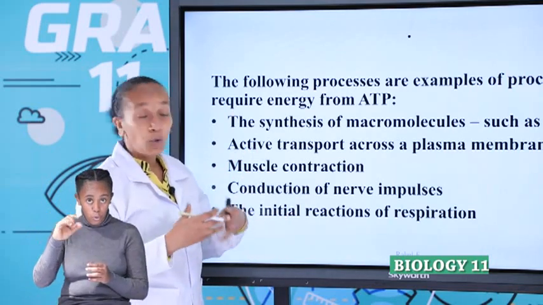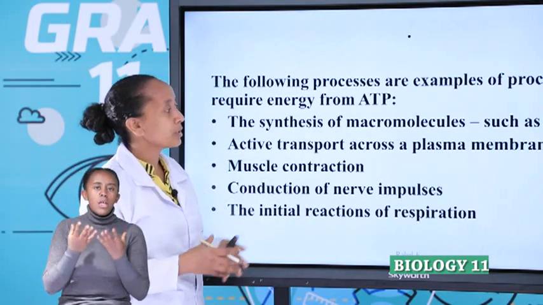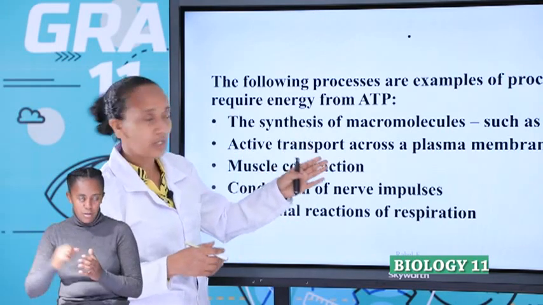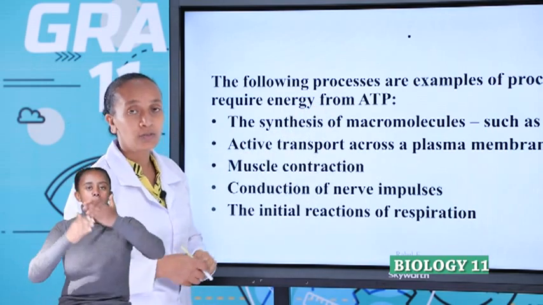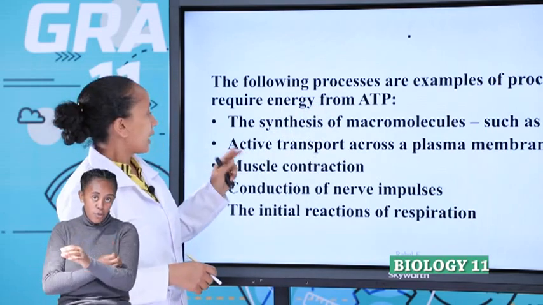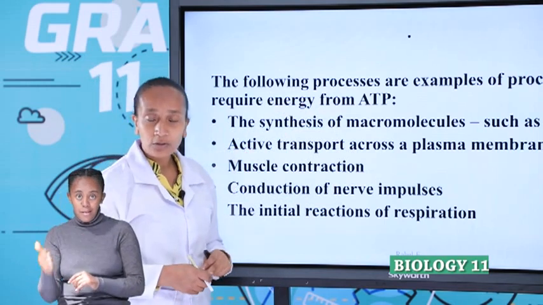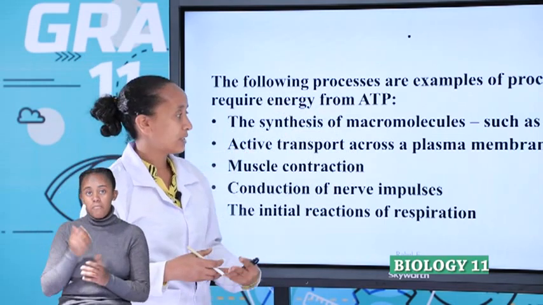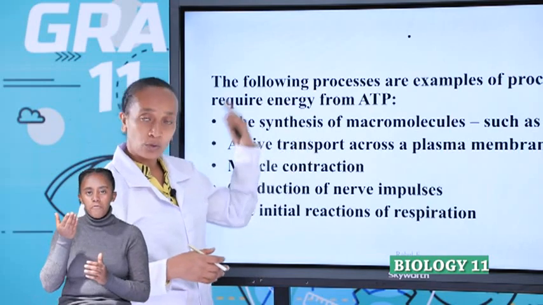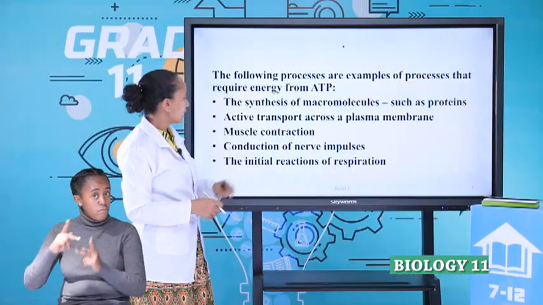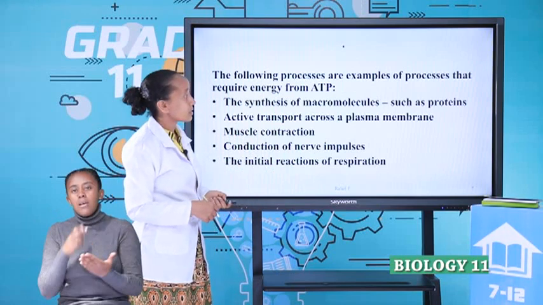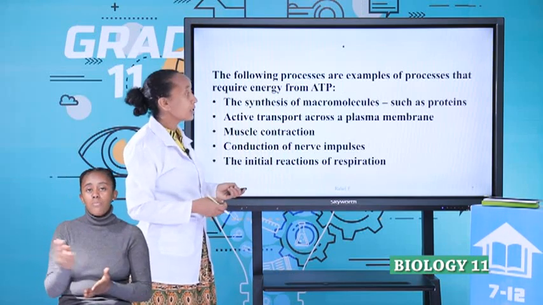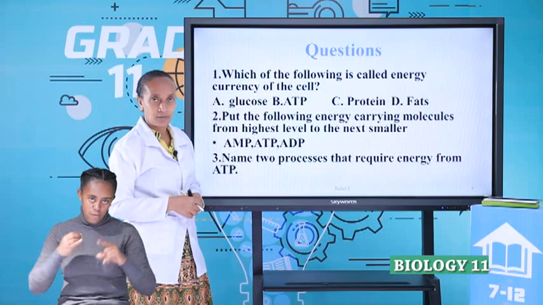When polynucleotides are formed by a synthesis process, all these building up processes need energy from ATP. The other one is active transport, which we dealt with in our previous class, and muscle contraction and so on. These are processes that use ATP in living organisms.